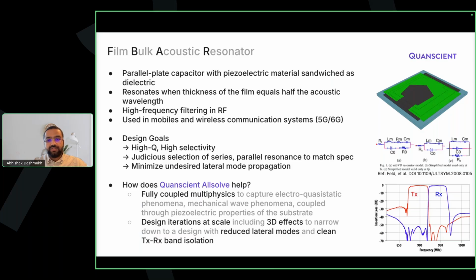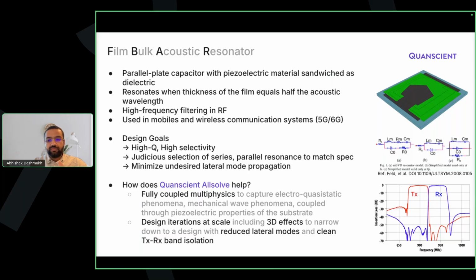And these devices, because they are operating at high frequencies, the meshes can be quite dense, and you really need large computational power to be able to simulate these in 3D. And 3D is important because we'll see that the lateral modes can be identified only in 3D simulations.